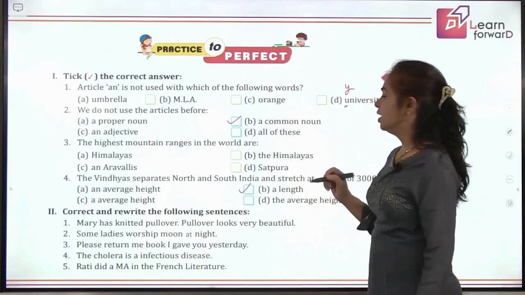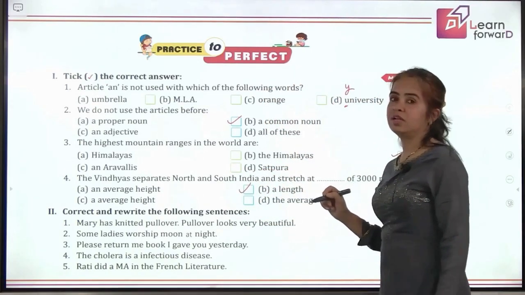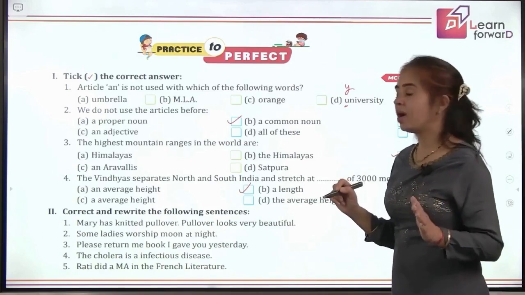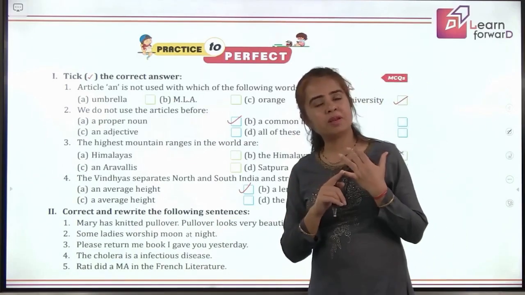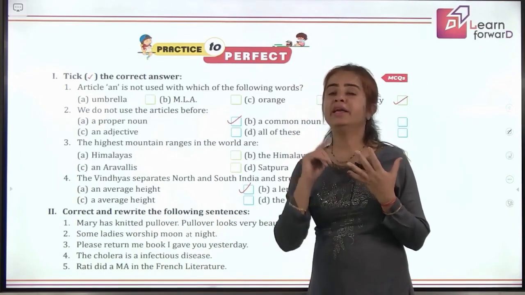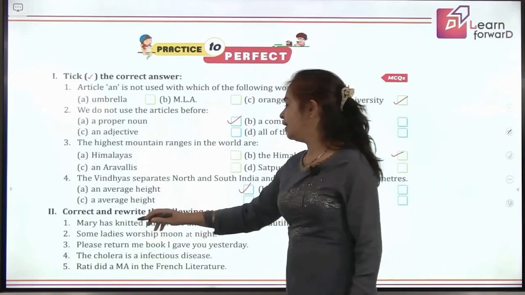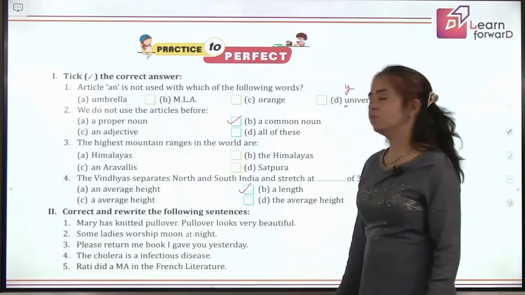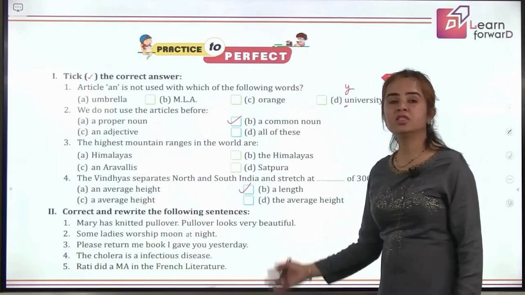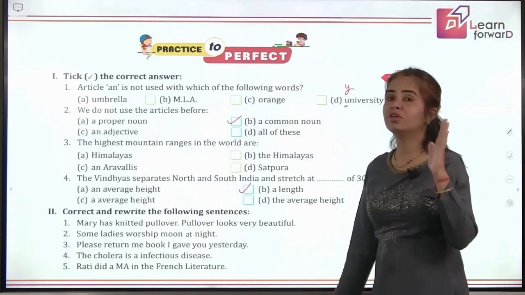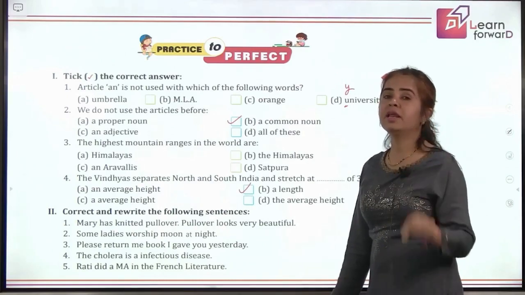Yes. Next, correct and rewrite the following sentences. So if there is any error, you have to correct. It can be a misplaced or misused article, and it can be an omission also, that you have to check yourself. Let's see how. Mary has knitted pullover. Pullover looks very beautiful. So here, let me just give you a hint. It is an omission. You have to just put in an article somewhere.